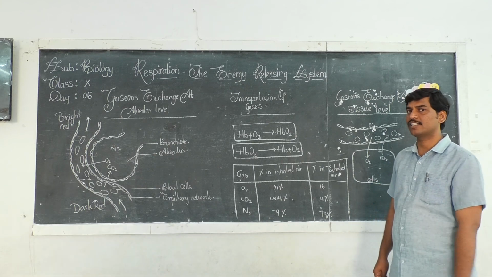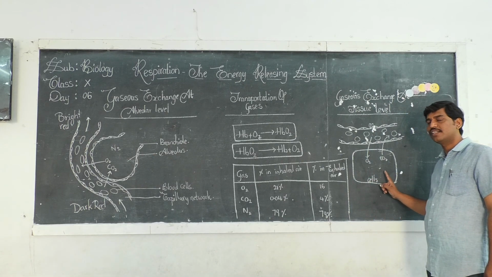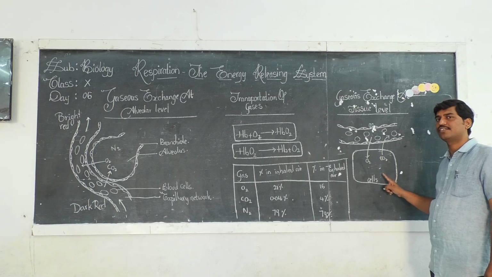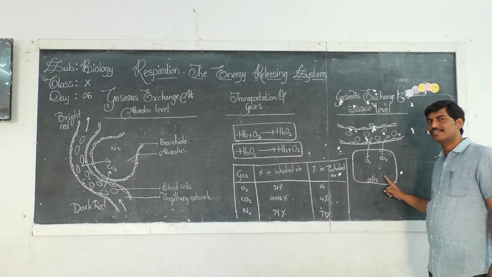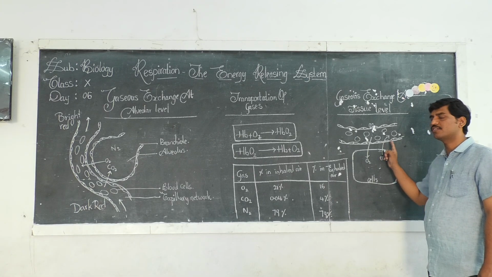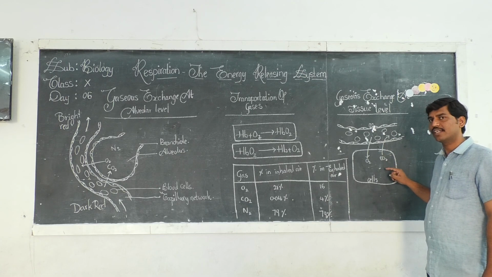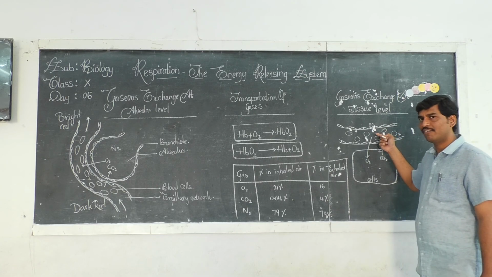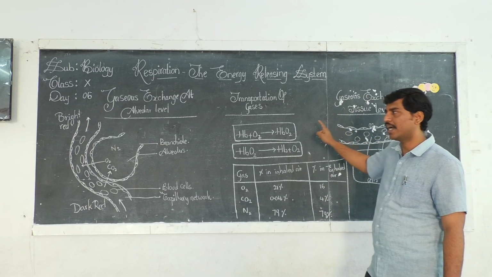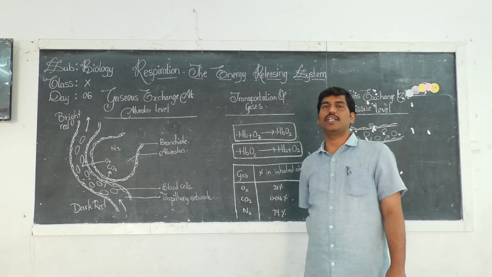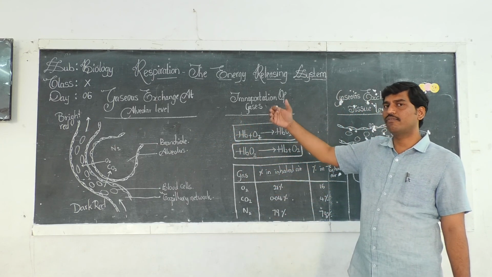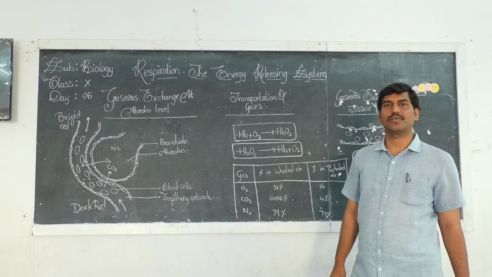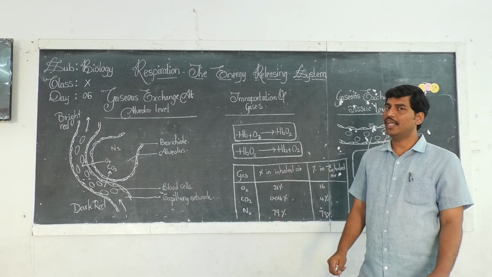From where does this large amount come? It comes from the utilization of oxygen as a result of metabolic activities within the cells. The carbon dioxide from the cells or tissues travels into the blood, and from the blood it is given out into the alveoli, from where it is given out during exhalation.